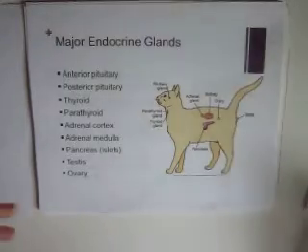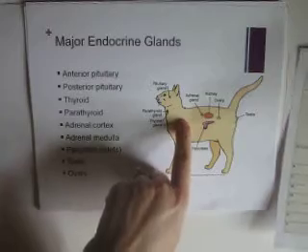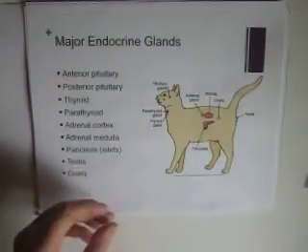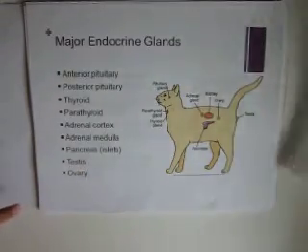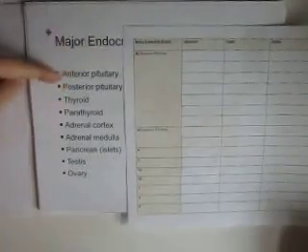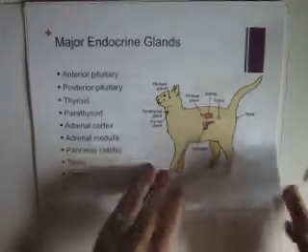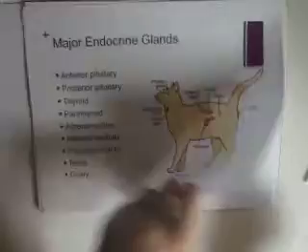You have a chart and a cat that looks something like this, and we'll be filling these out as we go along. So, if you want to, you can write these in. They correlate with the letters of the animal, which we'll see in a couple of slides.